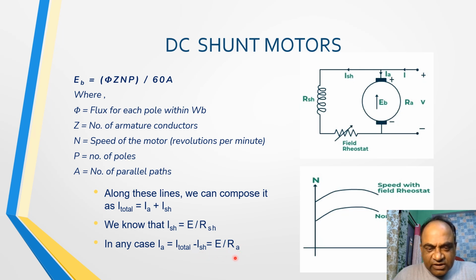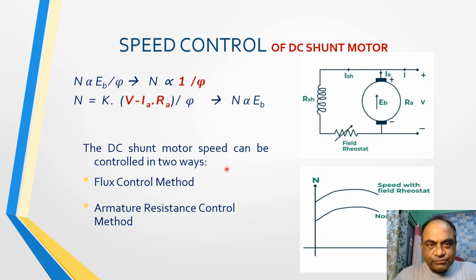That is the armature current, equal to this voltage V divided by RA. So that is it. This part should be very much clear to understand the speed control of the DC motor, be it DC series motor or DC shunt motor.